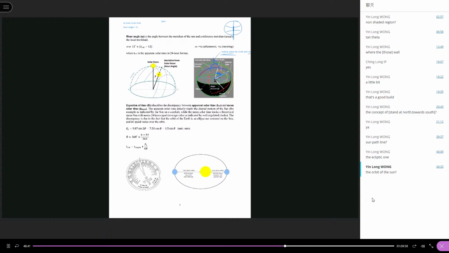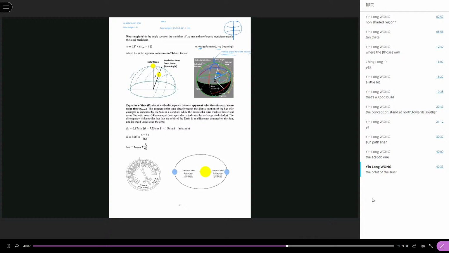So this is the hour angle, and it will be a negative value in the morning. And in the afternoon, the hour angle will be a positive value. Positive in the afternoon and negative in the morning.